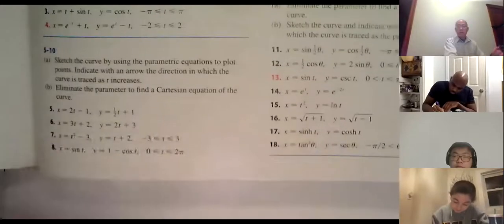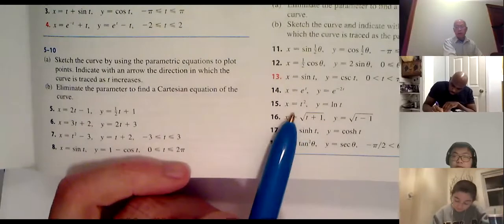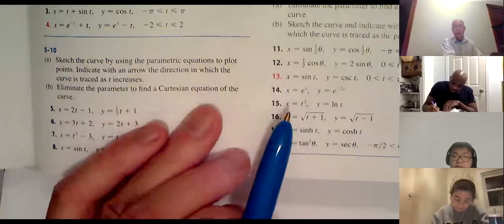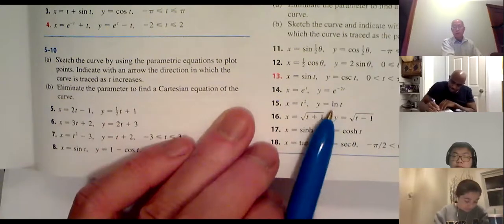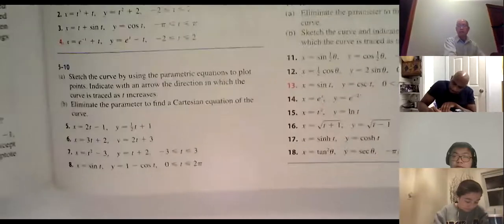That's not as good because technically you'd have to do a plus or minus. Can I solve for t here? When you do the square root, you'd have to have a plus or minus, and you usually want to avoid plus or minuses. You have no such worry here. So in this particular case, it probably would have been better to go that route. That's all.